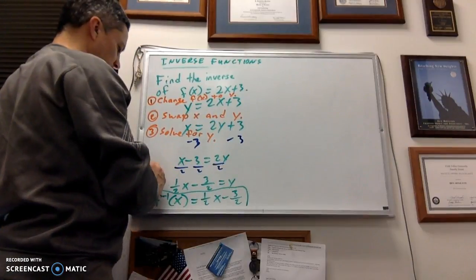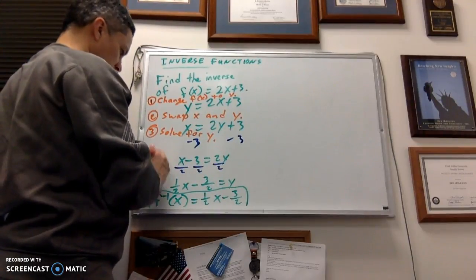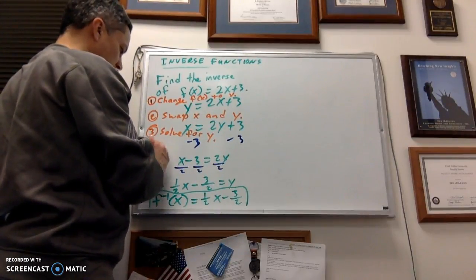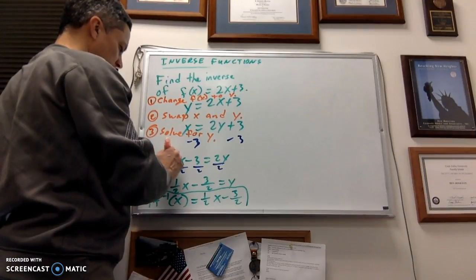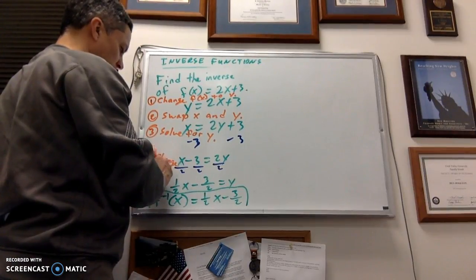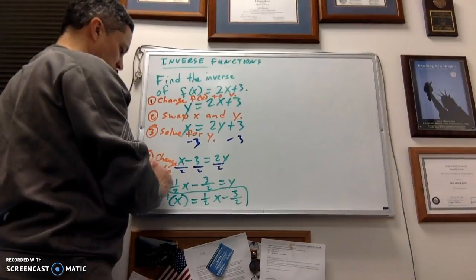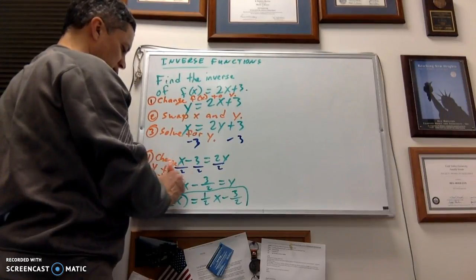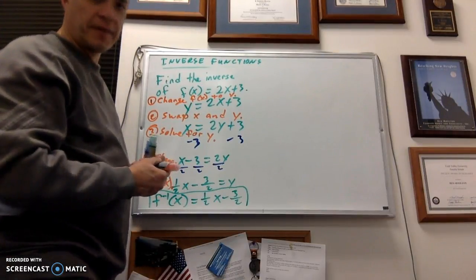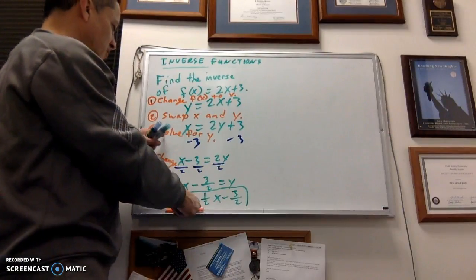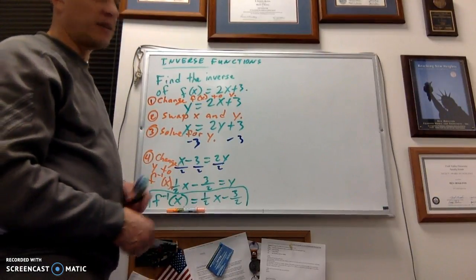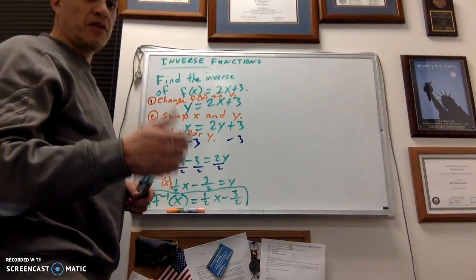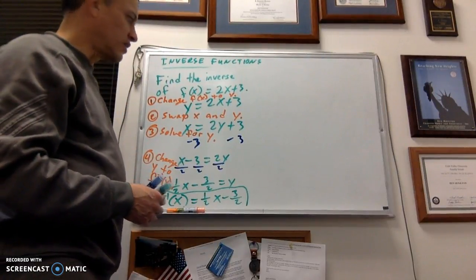And then finally step 4, I don't have a whole lot of room left to write it, but change y to f inverse of x. Four steps, okay? Bear in mind that step 3 is probably going to be your tough step on some occasions, and in maybe future videos I'll explain why that is.